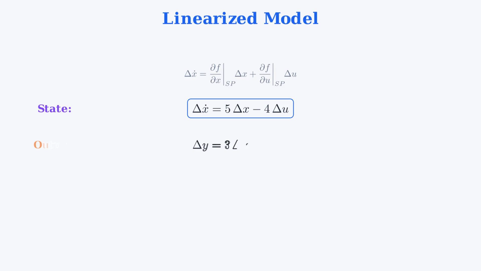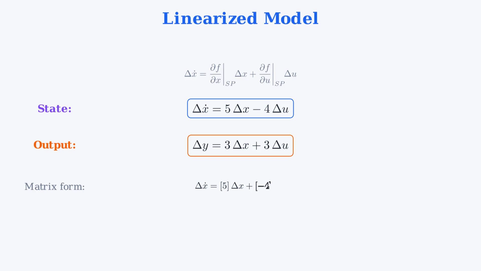In matrix notation, the A coefficient is 5, the B coefficient is negative 4, the C coefficient is 3, and the D coefficient is 3. Notice what these numbers tell us about the local behavior near the set point. A small perturbation in x amplifies x dot by a factor of 5, an unstable tendency.